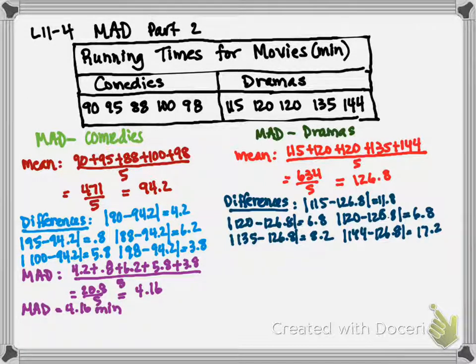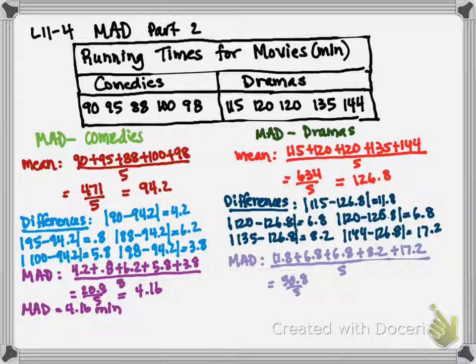Next we're going to figure out the MAD. With the MAD, we take those differences, 11.8 plus 6.8 plus 6.8 plus 8.2 plus 17.2, all over 5. Miracle of our calculator, we get 50.8 over 5.